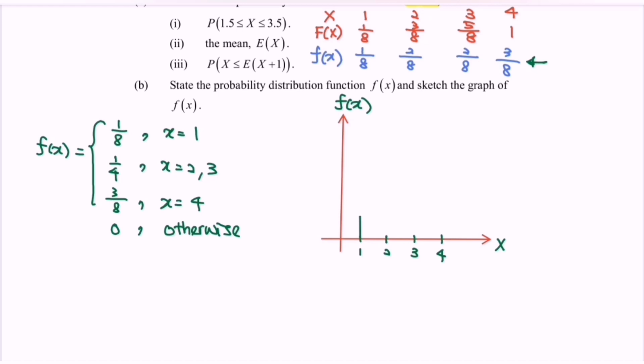If it's 2 and 3, the probability will be 1 over 4, or we can say 2 over 8. This one will be the same, 2 over 8. And then finally we have 3 over 8. So here we have 1 over 8, and then 2 over 8, and then 3 over 8. So that will be the graph for the probability distribution function.